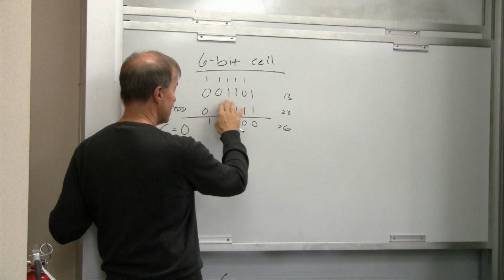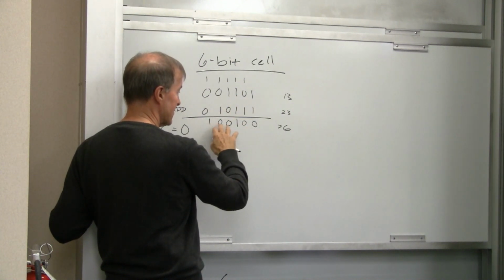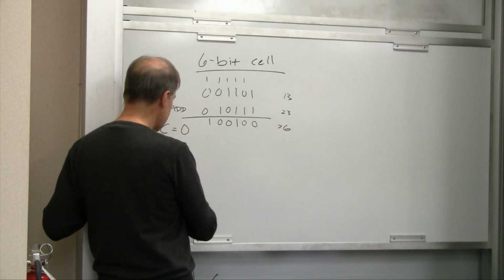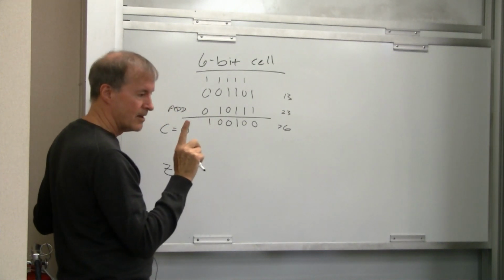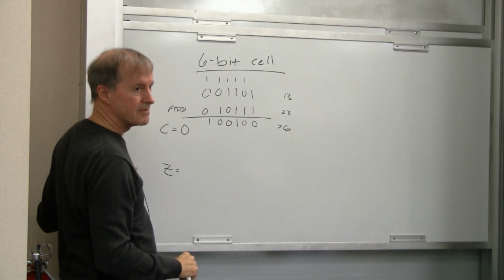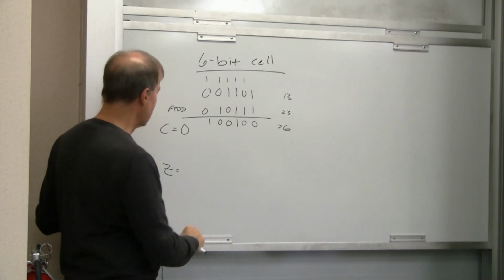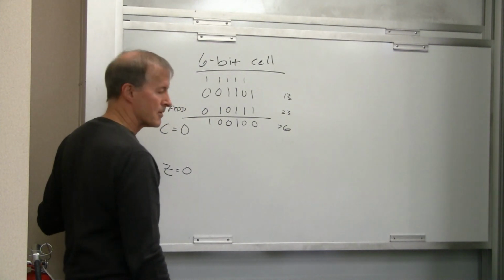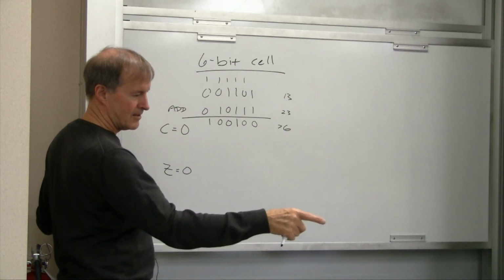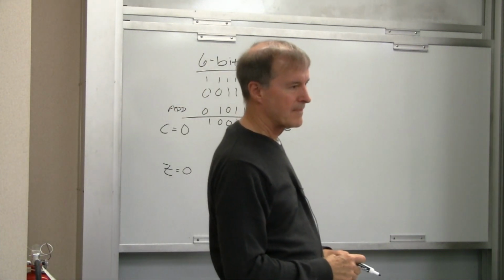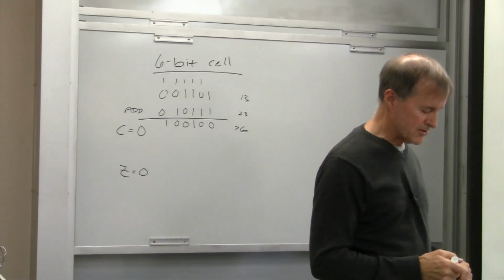If you add 0, 0, 0, 0, 0, 0 plus 0, 0, 0, 0, 0, 0, you get zeros. And this Z is a 1 if the result is all zeros. So in this case, this is not all zeros, so Z equals 0. There's a slide coming up that'll summarize this. Anyway, that's just an example of another bit called the Z bit.